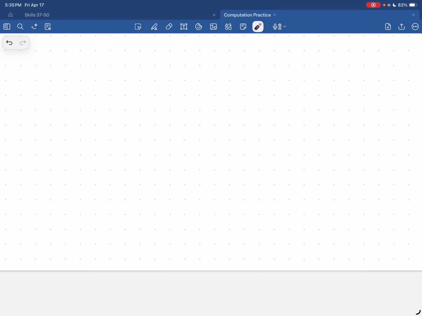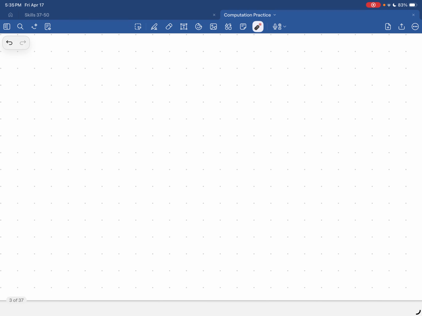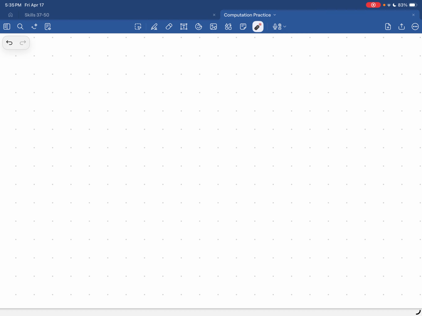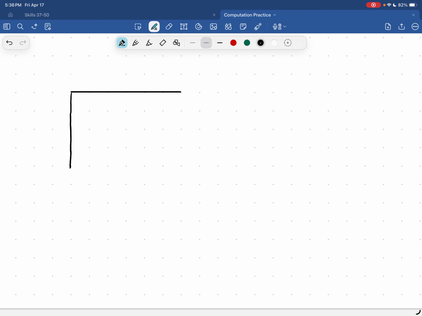And I want you to draw this with me. I'm just making this up. It is not in the book. This time, let's use a square. Let's draw a square. 1 2 3 4 5 6. I'm using grid paper, but you can just sketch yourself a square. Doesn't have to be perfect.